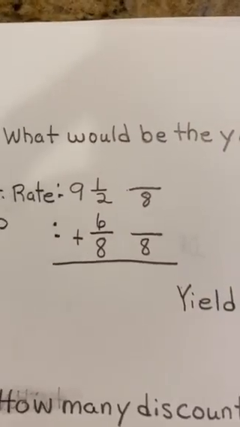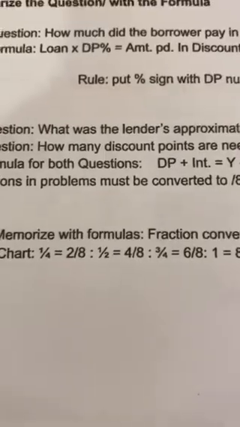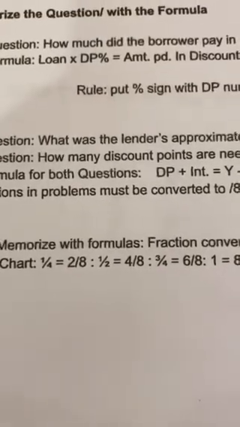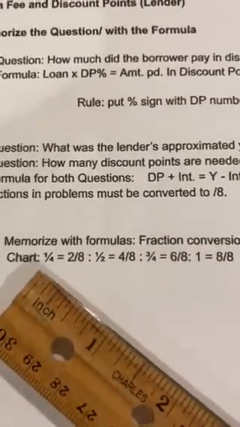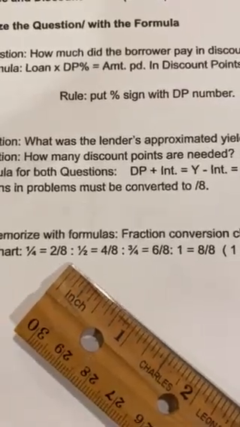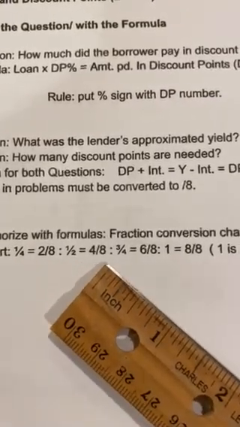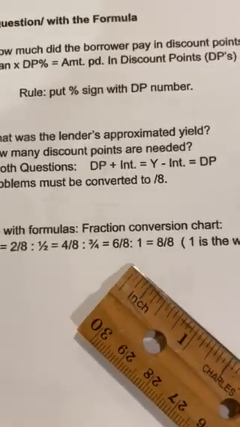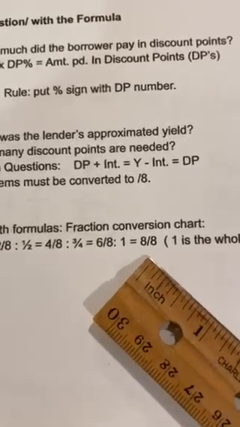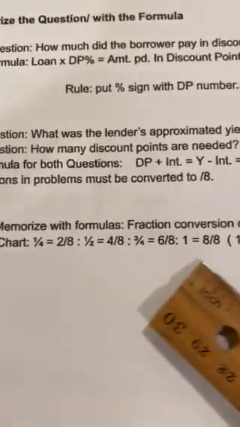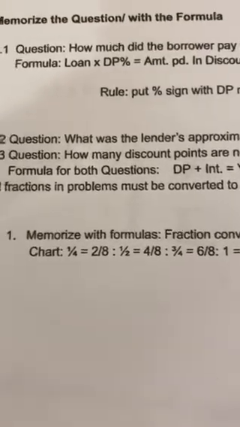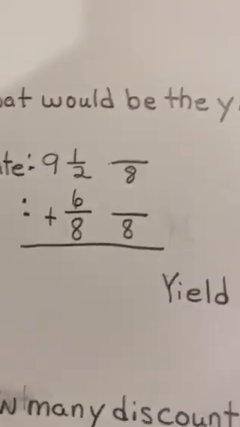There is a chart that you need to memorize, and you can automatically put down what the fraction is. The chart says 1/4 equals 2/8, 1/2 equals 4/8, 3/4 equals 6/8, and a whole 1 equals 8/8. You can memorize this chart and put it down automatically without the conversion.